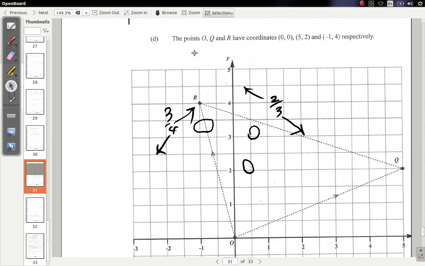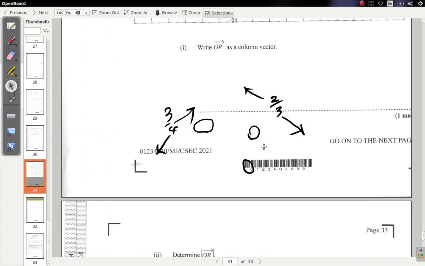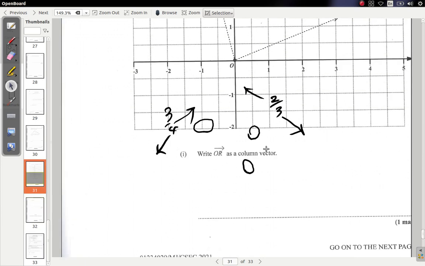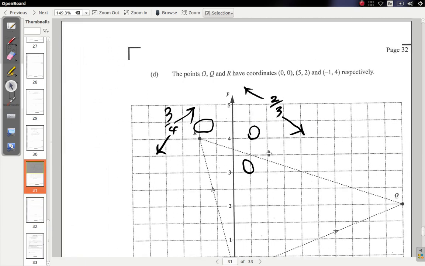Next time, we will look at part D of that question. It's vectors. Remember, this is an example of vectors taken from the June 2021 CSEC Mathematics paper, question 10. We will look at this in our next video.